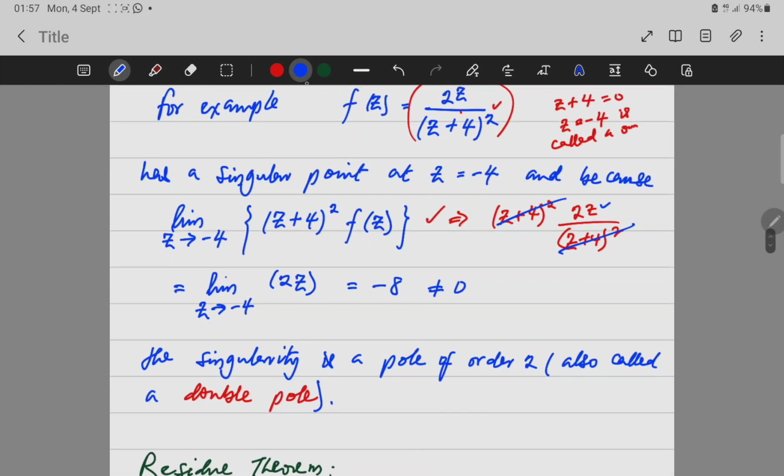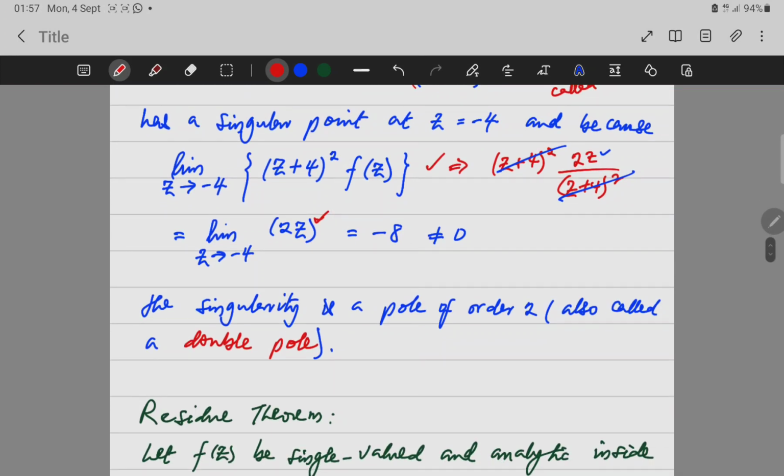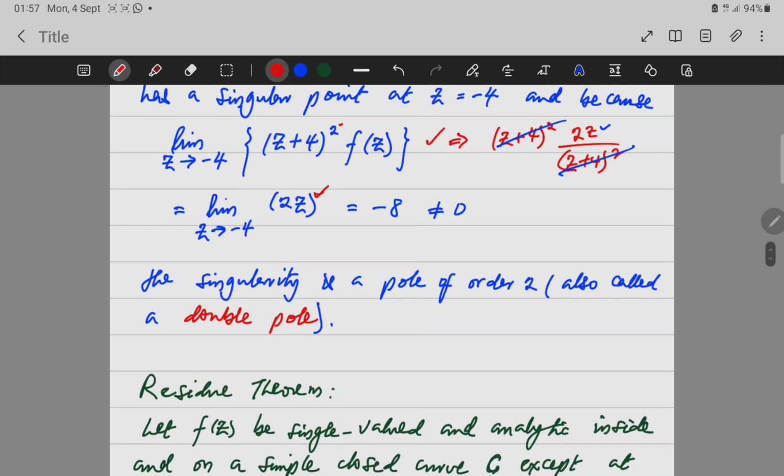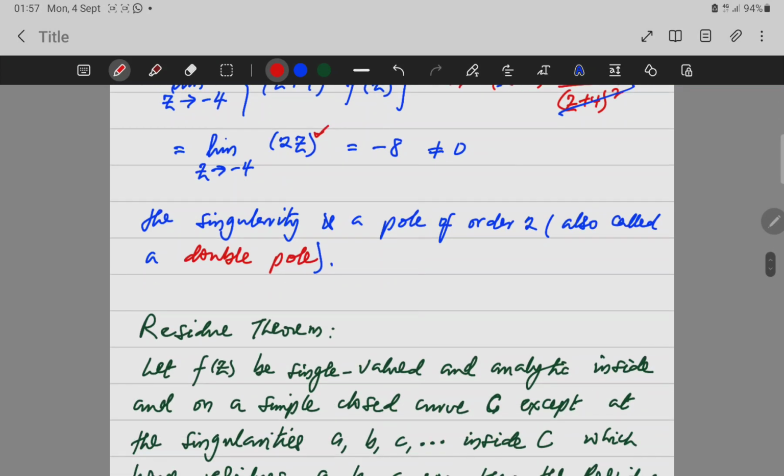So that's why we got our 2z here. And if you now substitute minus 4 into this, it will be 2 multiplied by minus 4, which is minus 8. And minus 8 is not equal to 0. Therefore, z equals minus 4 is a pole. And because the power to which that particular factor is raised is 2, we say that it is a pole of order 2, which you can also call a double pole.